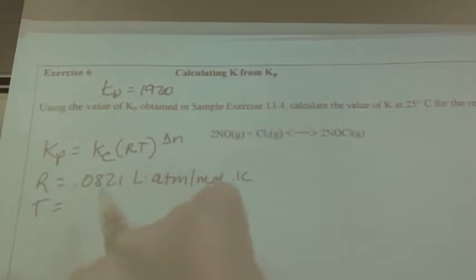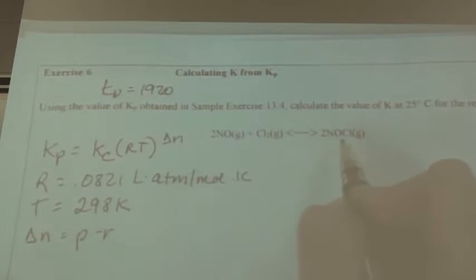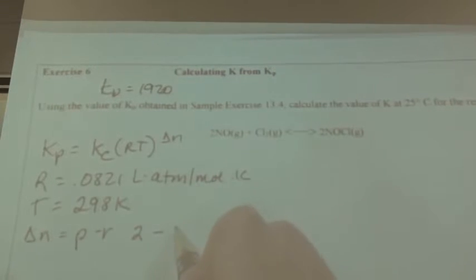T is our temperature, which is 298. And our delta N would be the products minus the reactants. I see we have 2 moles of gas, and we have 3 moles of gas here. So that is a total of -1.